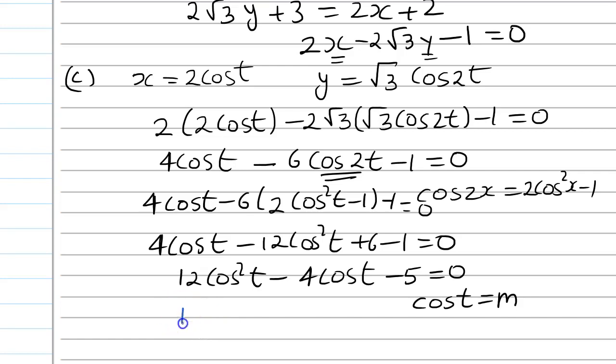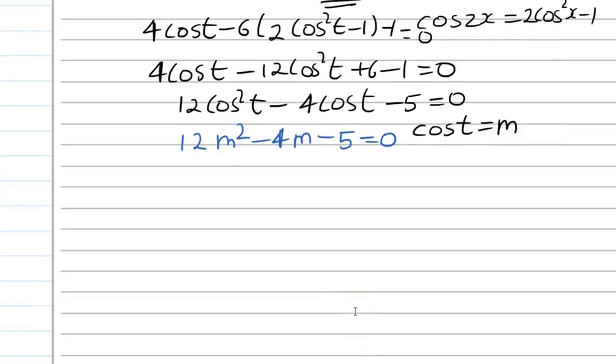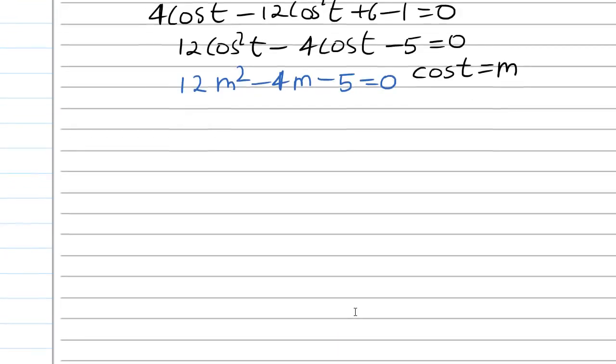So 12 m square minus 4m minus 5 equal to 0. Let's factorize it: we get 2m plus 1 and 6m minus 5 equal to 0.